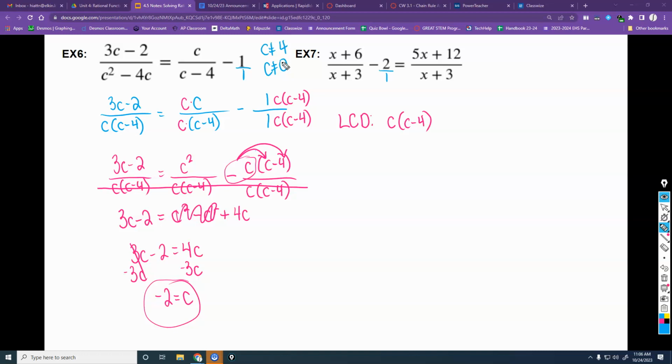We'd have to throw it out. You're taking the denominator, and neither piece of the denominator can equal 0. So c cannot equal 0, and c minus 4 cannot equal 0, which means c cannot equal 4. Just the opposite sign for those.